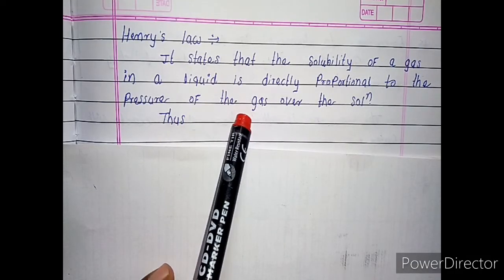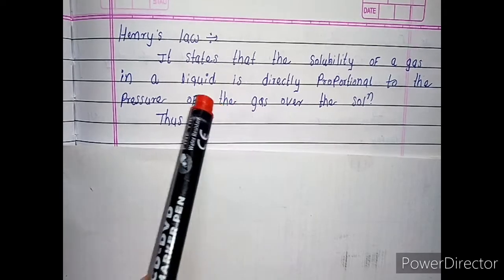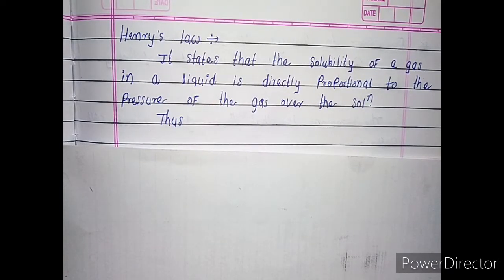Okay, so this is the statement of Henry's law, but how is it mathematically expressed? Most of the time in exams, for 2 marks, this question comes: state and explain Henry's law. So this is the statement of Henry's law. Now how is it explained?